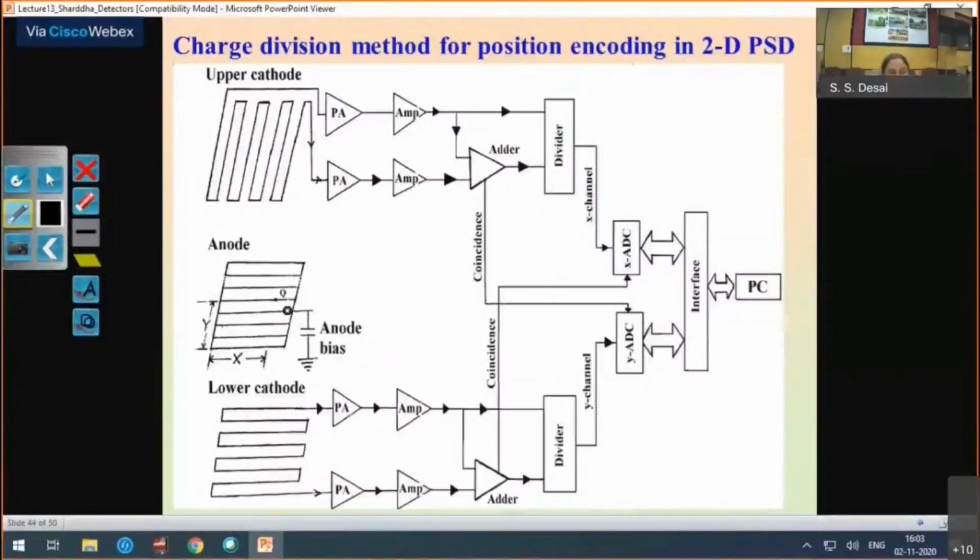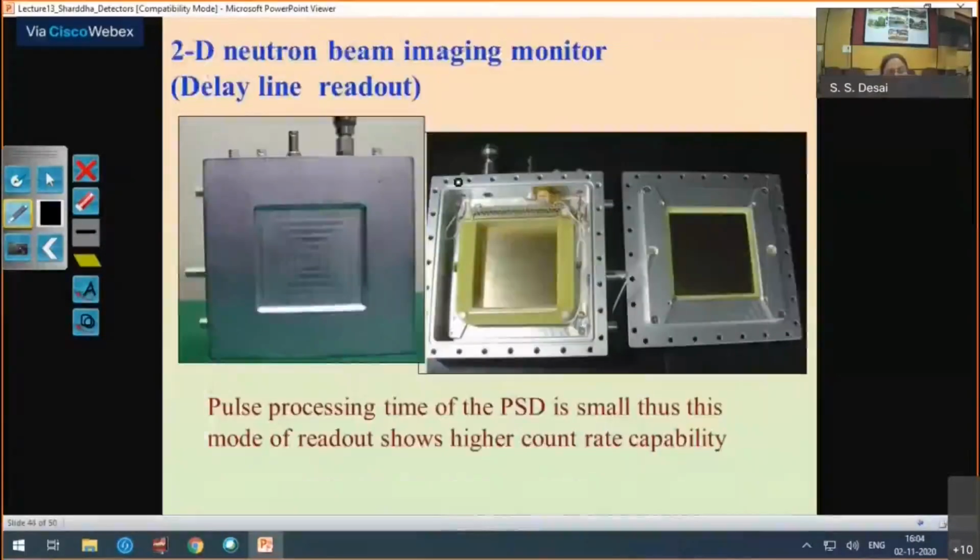So here this anode multi-wire, X upper cathode and lower cathode are contributing to an output which is covering your entire area of the detector. This is a picture of how you are mounting three different grids. This is the central grid.